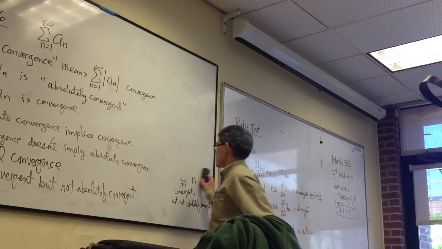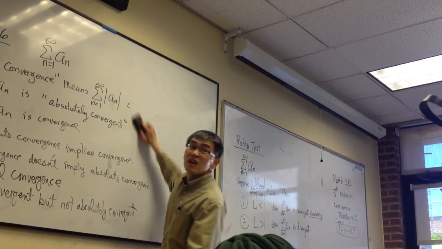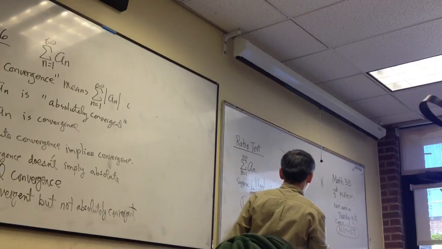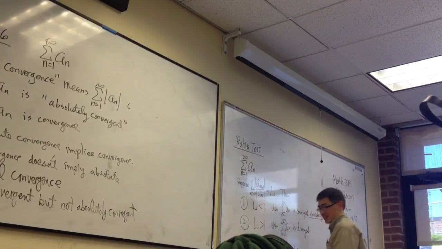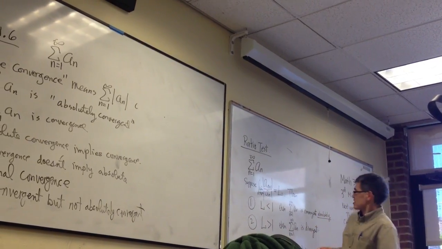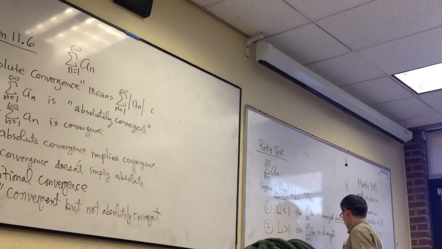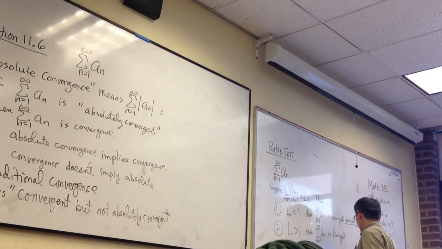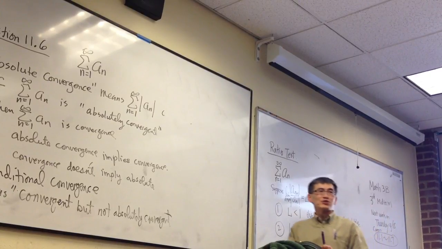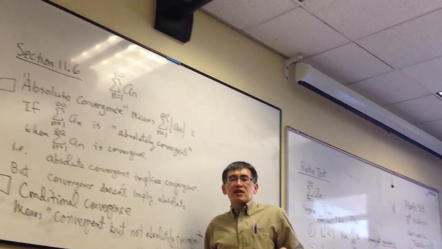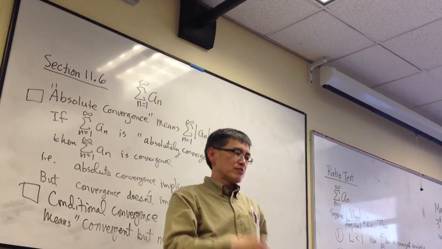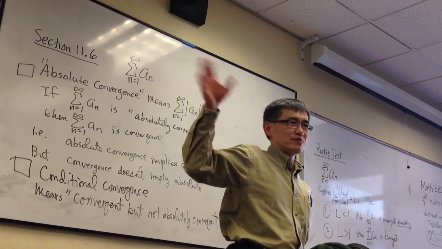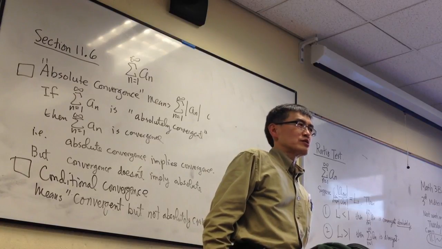So here's the important observation. Sorry, Mr. Chen, is that inconclusive? Right. Inconclusive. That's right. Thank you. So in the case of one, if the limit of a_{n+1} over a_n happens to be 1, then I have nothing to offer. So apply another test perhaps. Yeah, you have to use some other means.